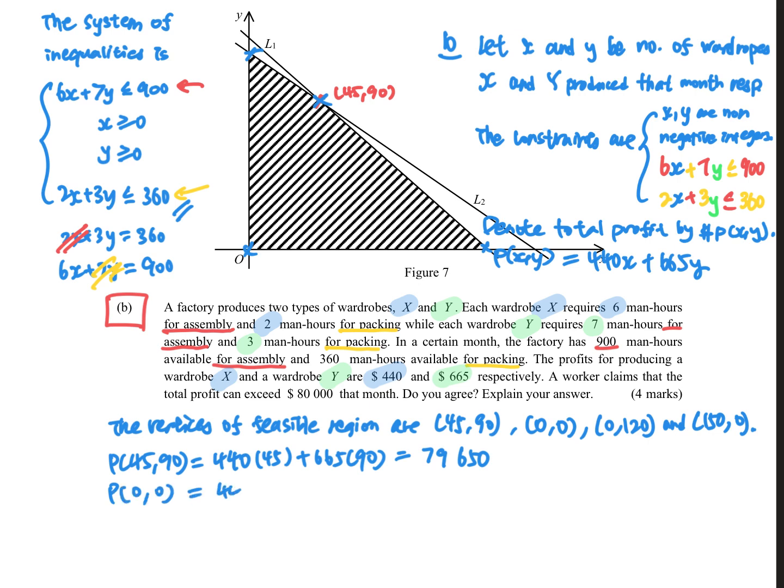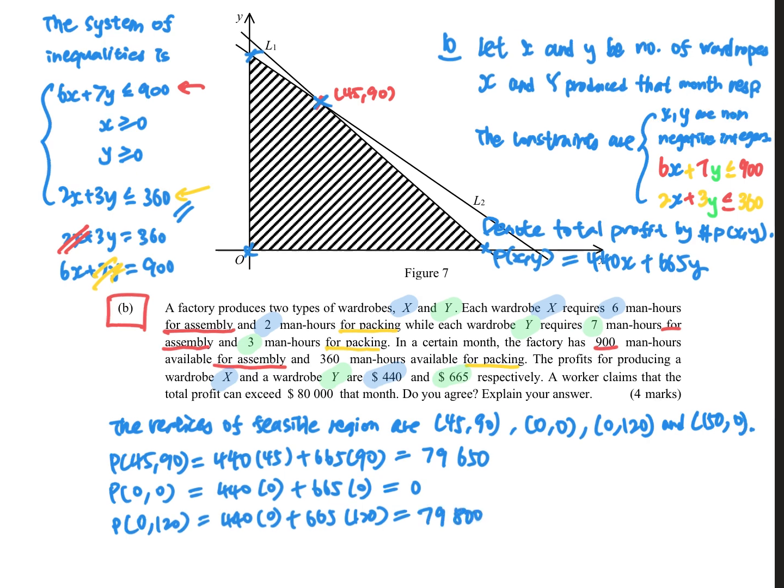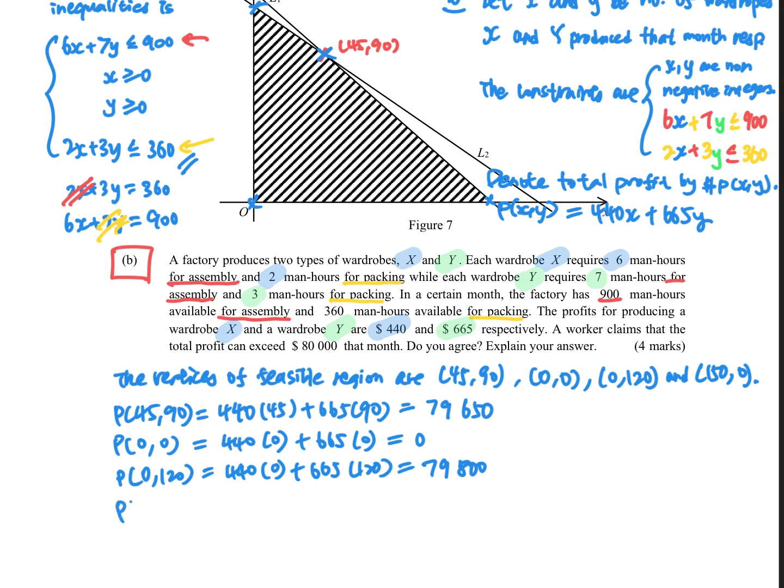So 0 is a gift, but still we need to write it out, one by one, not missing any. Good, and then the final one.